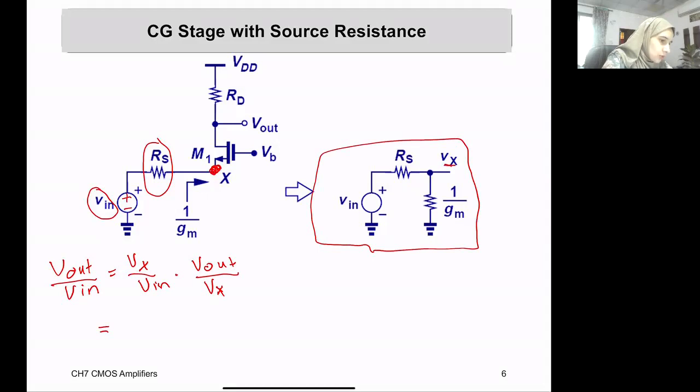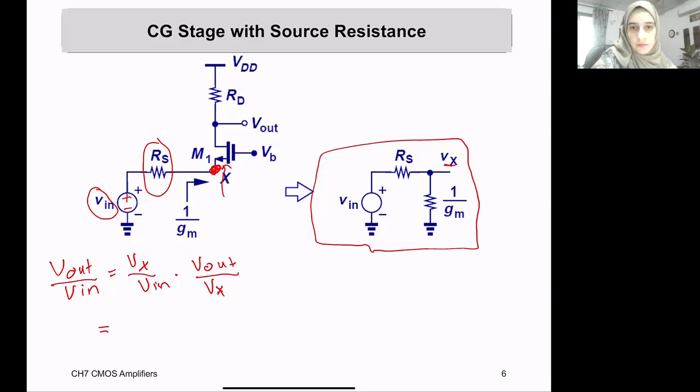Now, where did this 1 over Gm come from? I know Vn is clear, Rs is clear, but where did this 1 over Gm come from? It is the impedance that I am seeing looking into the amplifier. Okay, so at this point, there is an impedance on this side. So what is this impedance? It is the input impedance of the amplifier, which we just derived earlier.